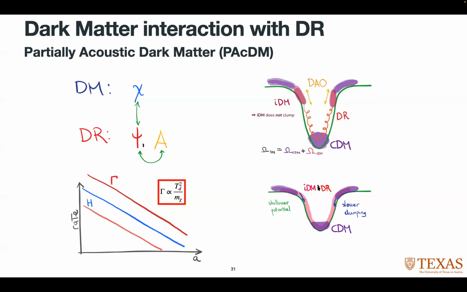Because of this, the momentum exchange rate is proportional to the temperature scale. So the ratio between the Hubble rate and the momentum exchange rate is almost the same; the ratio doesn't change. It is a very large momentum interaction. Because of that, we have this shallow potential and slow growth and so on.